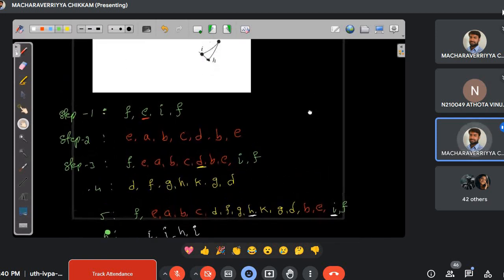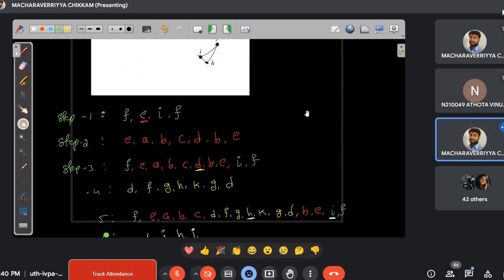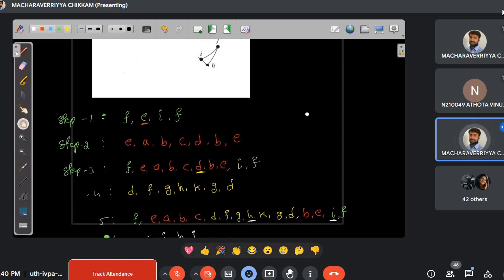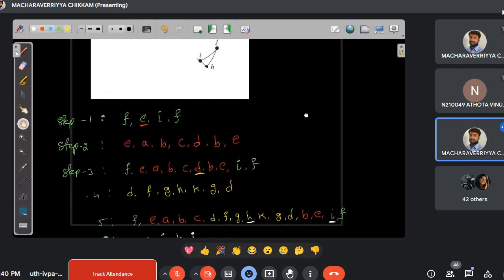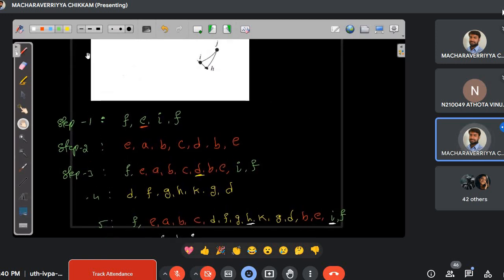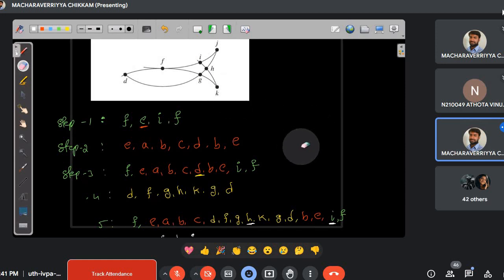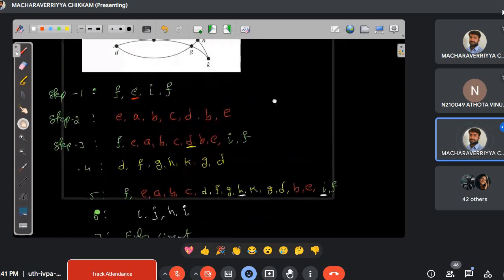And before that, what is the vertex that we consider? That is the yellow color one, right? So that is D, F, G, H, that you can see here. We need D also. Okay, a little bit of F, right? So this way you can simply construct Euler circuits.